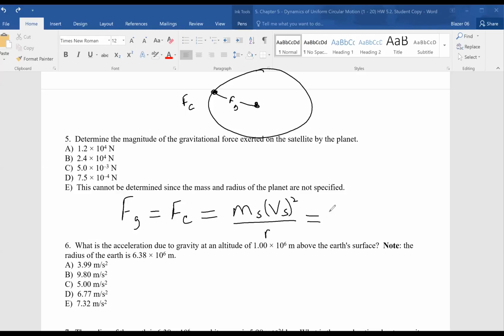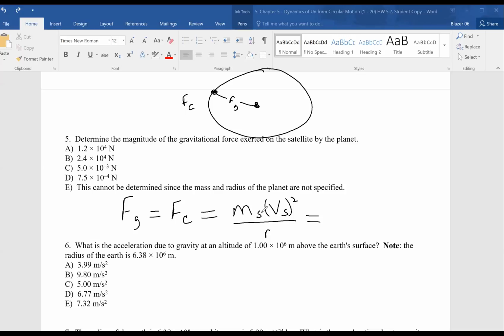So now I can determine the magnitude of the gravitational force. So that's what we need to solve in this problem. Remember, we were given the mass of the satellite, the speed of the satellite, and we know R. So all of you please solve that problem.